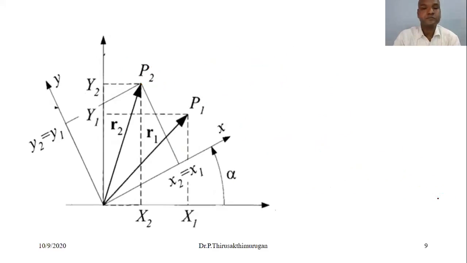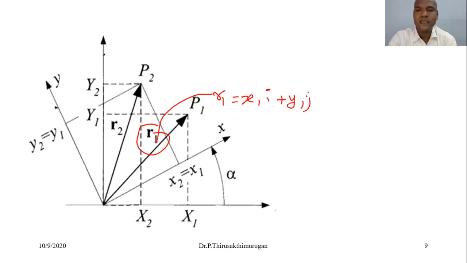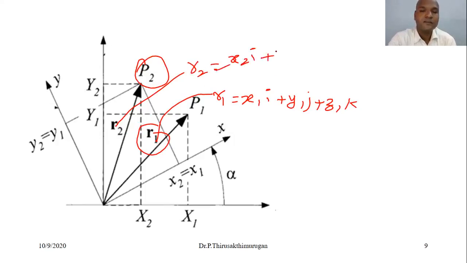Now, when it is R1, the vector R1 equals X1 I plus Y1 J plus Z1 K. Then for the new position P2, the vector R2 is X2 I plus Y2 J plus Z2 K. Understand?